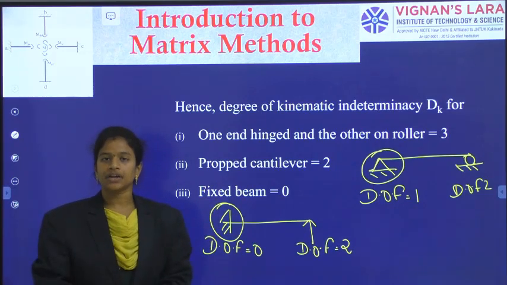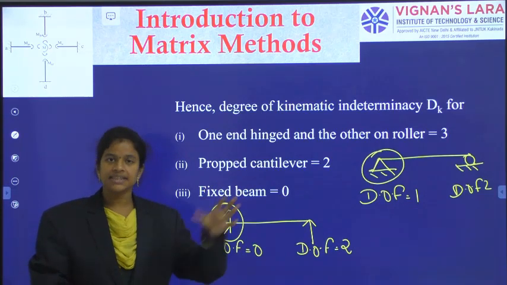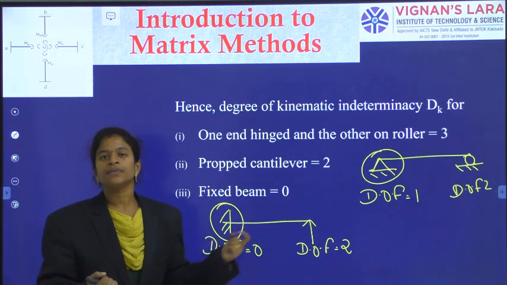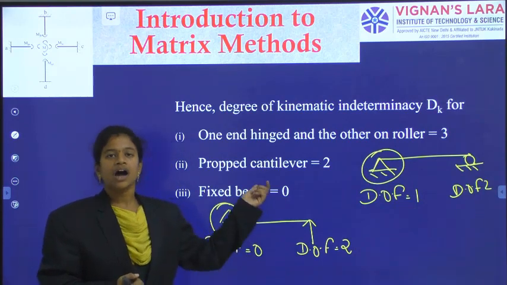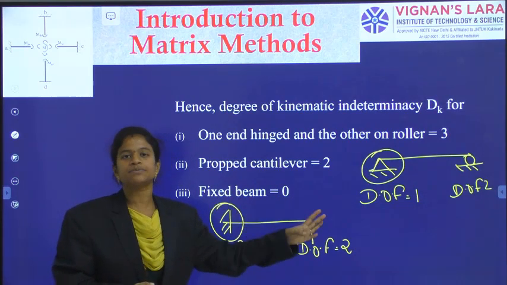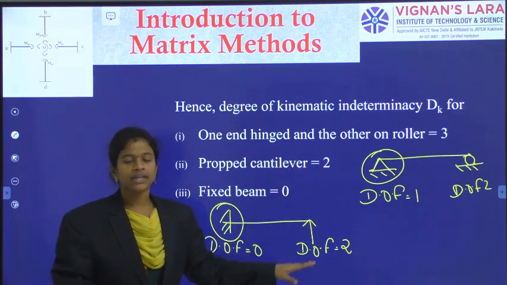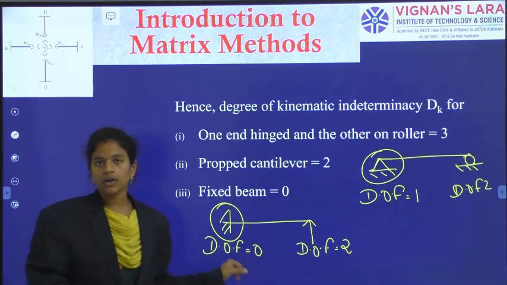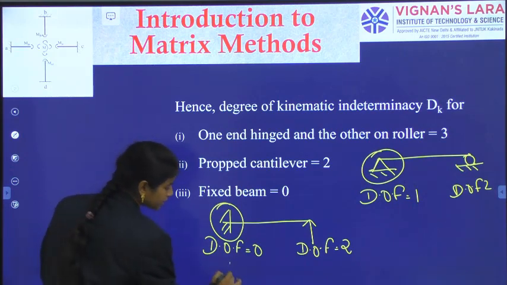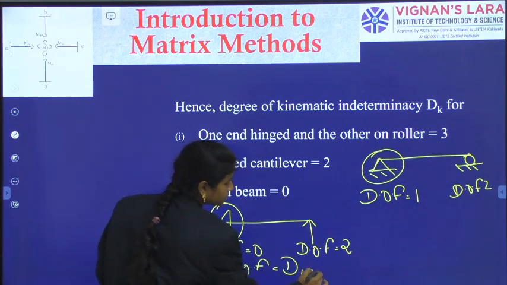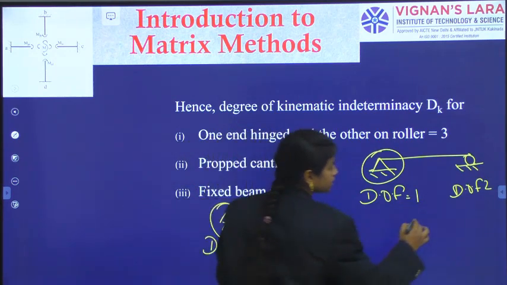Yes, I can displace in this way, that is my freedom, and in this way, that is the freedom. So the degree of freedom is how many displacements of the joints are possible. Now, for the structure as a whole, the total degree of kinematic indeterminacy is 2 here, and 3 here.